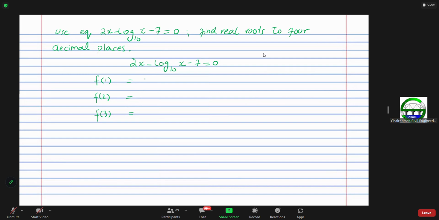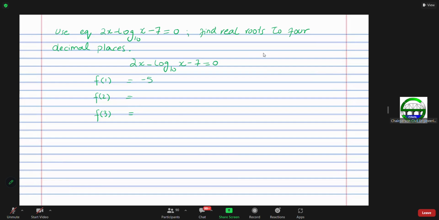Okay, f of 1 is equal to minus 5. F of 2 is equal to minus 3.3010. F of 3 is minus 1.4771.